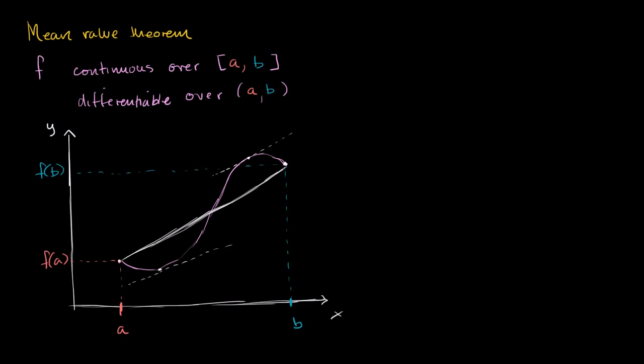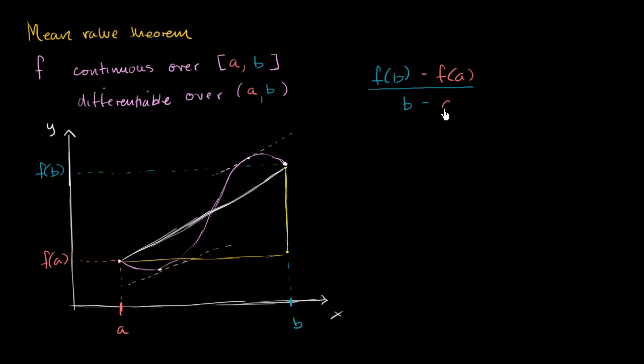Well, the average slope over this interval, or the average change, the slope of the secant line, is going to be our change in y over our change in x. Well, what is our change in y? Our change in y is f of b minus f of a, and that's going to be over our change in x, b minus a.